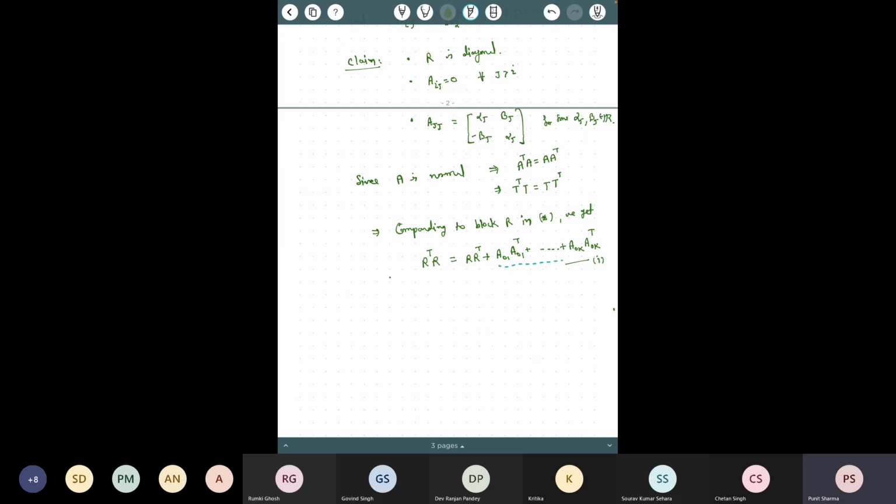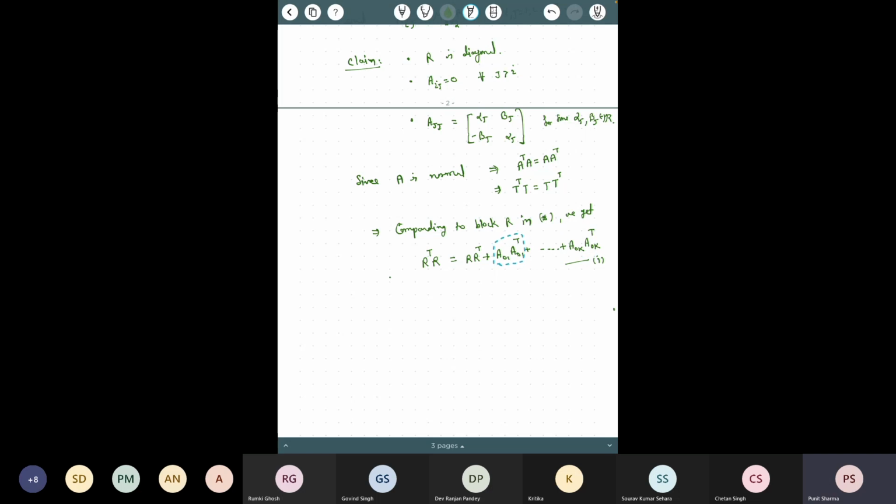Now, if the trace of this is equal to 0, then that argument implies that each of these terms is 0. That is an exercise for you.